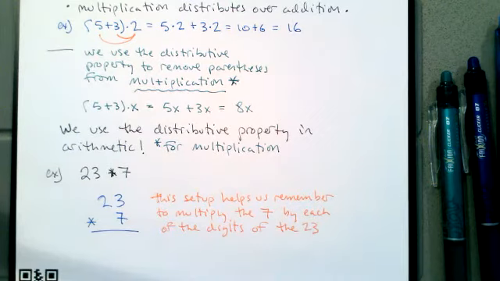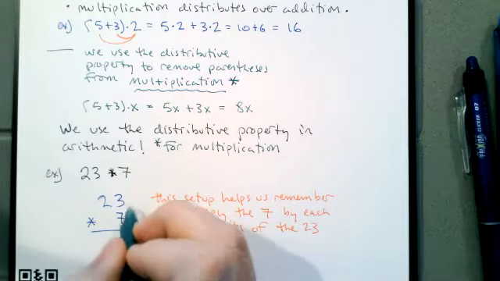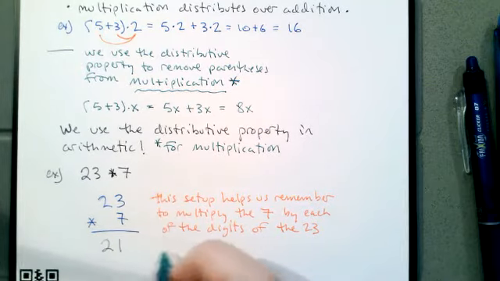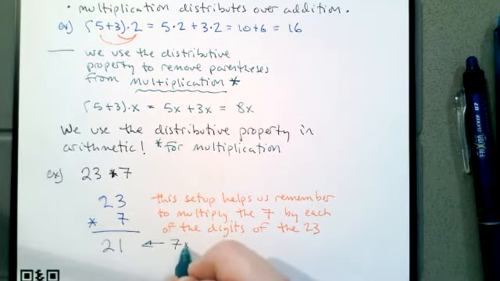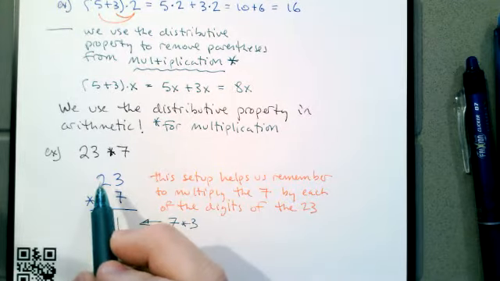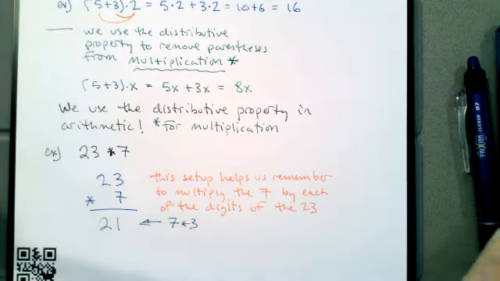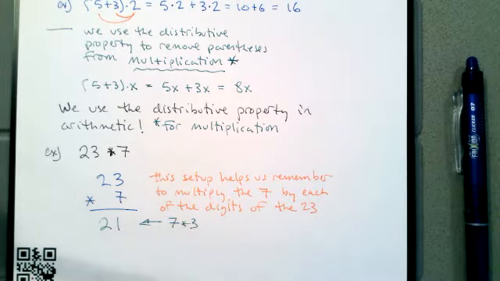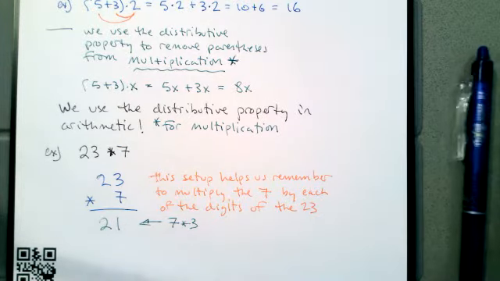This setup helps us remember to multiply the 7 by each of the digits of the 23. So we would say 7 times 3 is 21. And then we would say 7 times 20. I know some of you would put a 1 down here and carry the 2. That's okay if you do that.